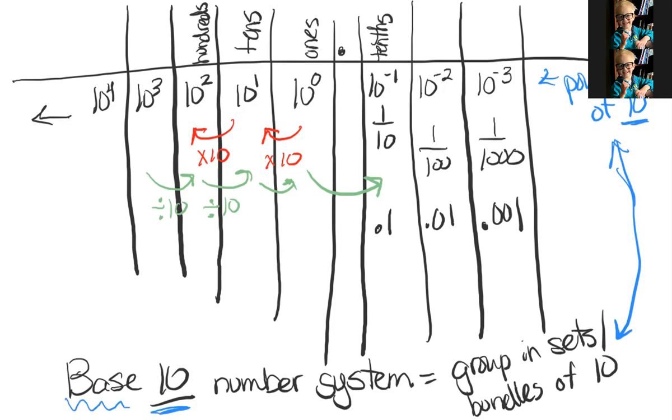If we were in base 5, these would all be powers of 5. If we were base 7, they'd be powers of 7. If we were base 60, they'd be powers of 60. So the base determines the power, or the grouping, how we group or bundle each of our place values.